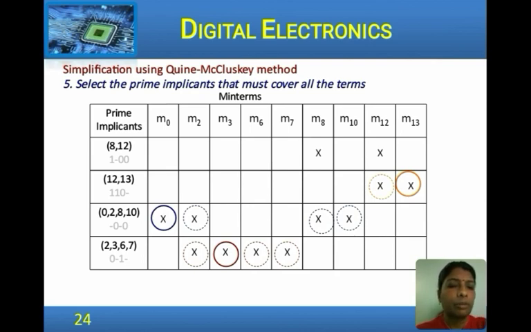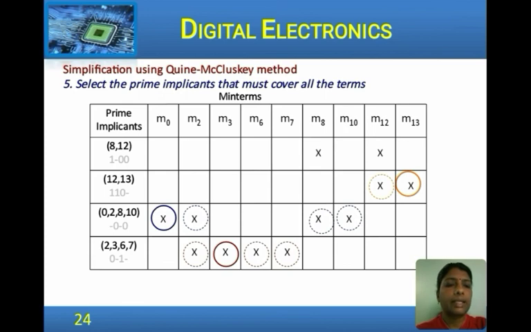Look at this, let me go from left to right, you can proceed in any order, it is up to you. So observe this, M0 is covered only by one prime implicant, that is 0, 2, 8, 10. So encircle this. So if we select the prime implicant 0, 2, 8, 10, it would cover all these 4 minterms. So circle them all up.